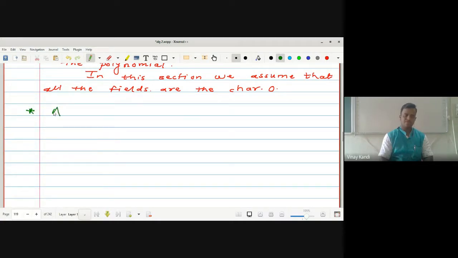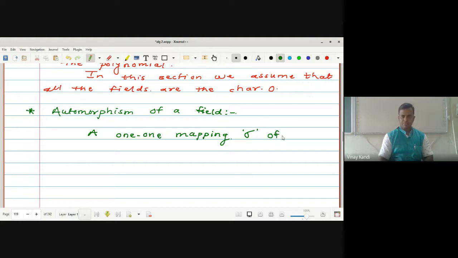Automorphism of a field. What is an automorphism? A one-one mapping sigma of a field K onto itself.